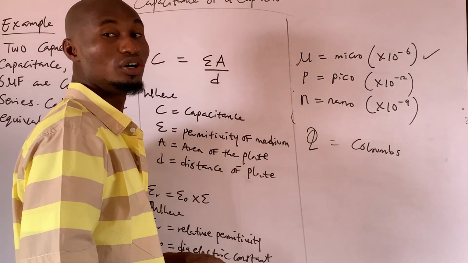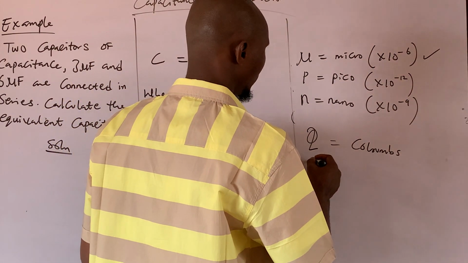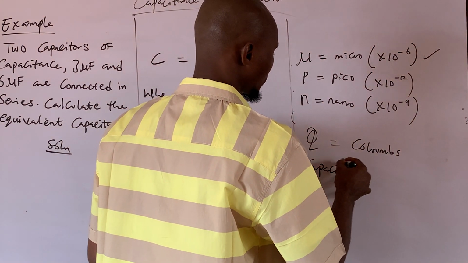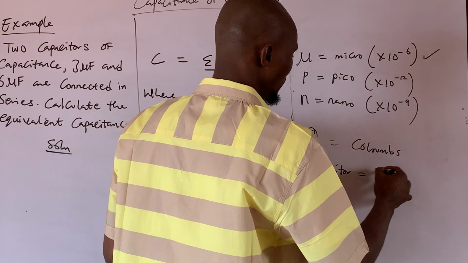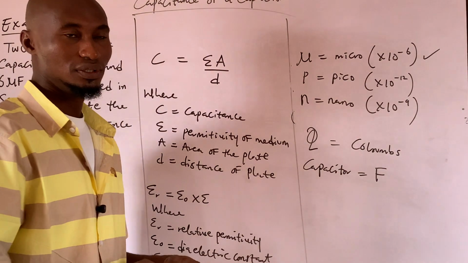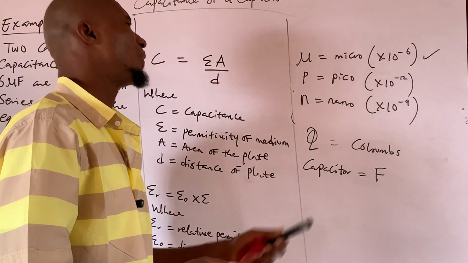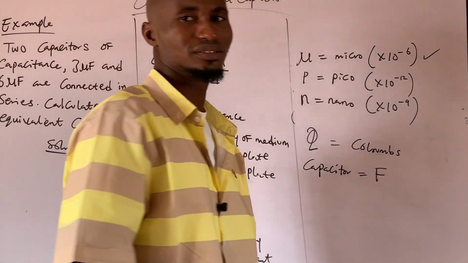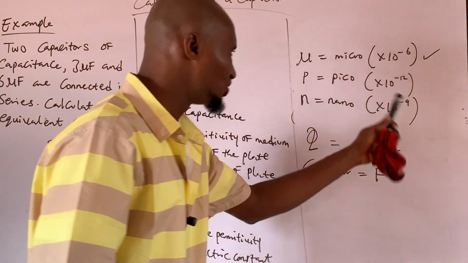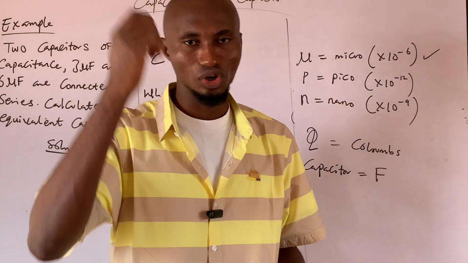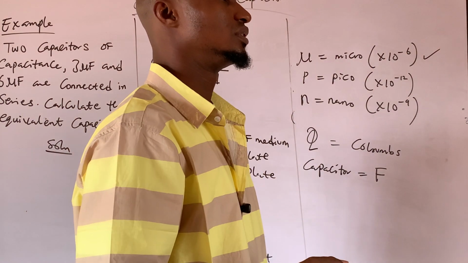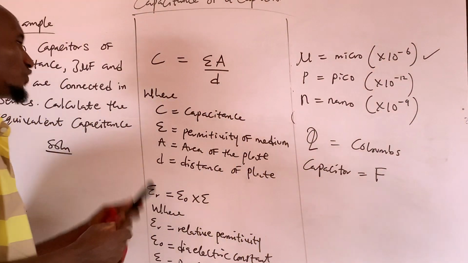While capacitance is measured in farad. Capacitance is measured in farad. Do you understand that? Good. So I want you to note this. These are the things you need to know before we kick off this calculation.